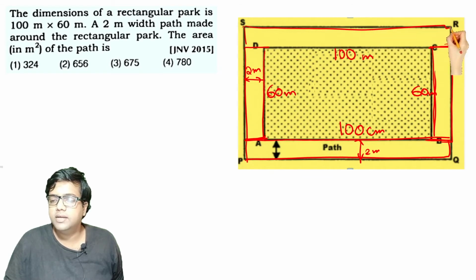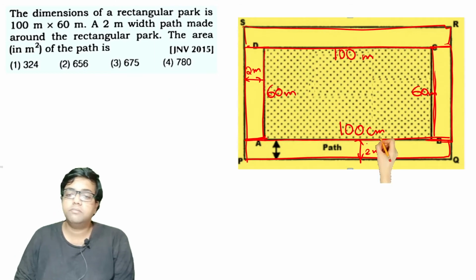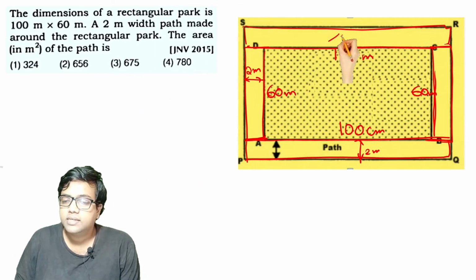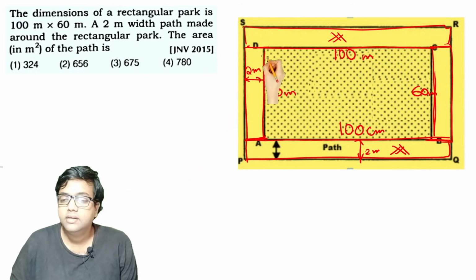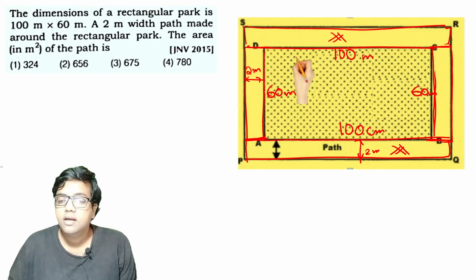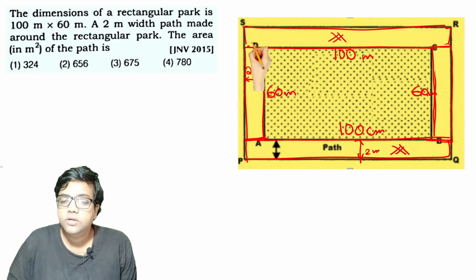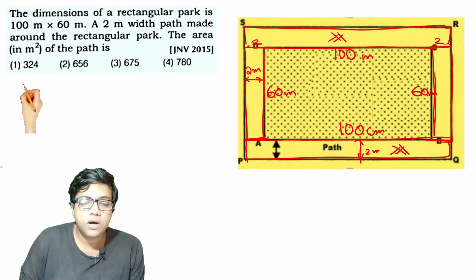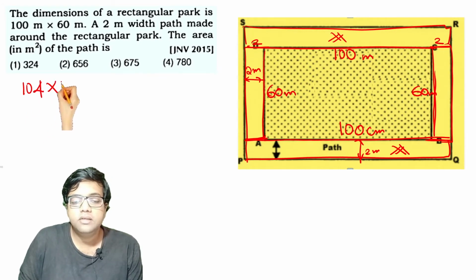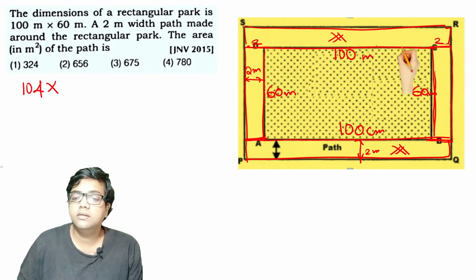After adding all these rectangles, you will find the area of the total path. So this rectangle and this rectangle are equal. What is the length of this rectangle? Already 100 meter is there, and 2 meter is the width of the path, so 2 plus 2, 4. So 104 will be the length of this rectangle.